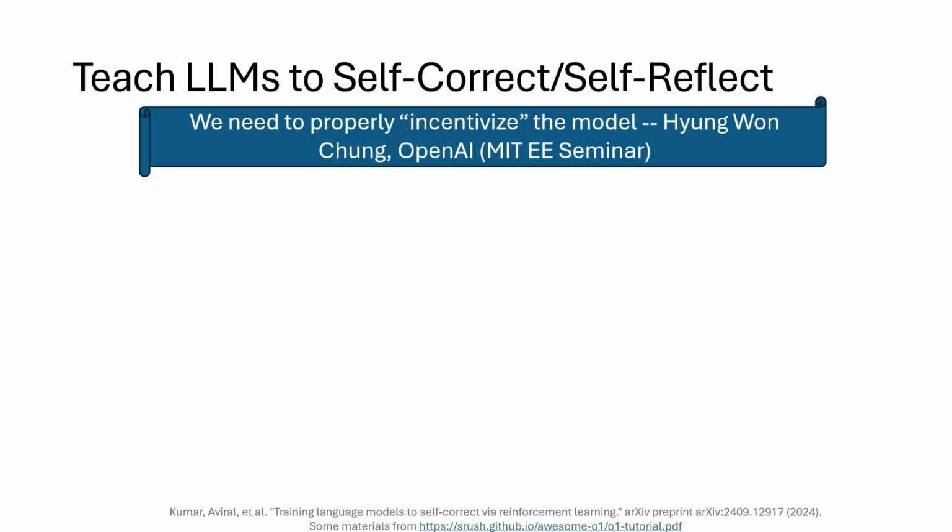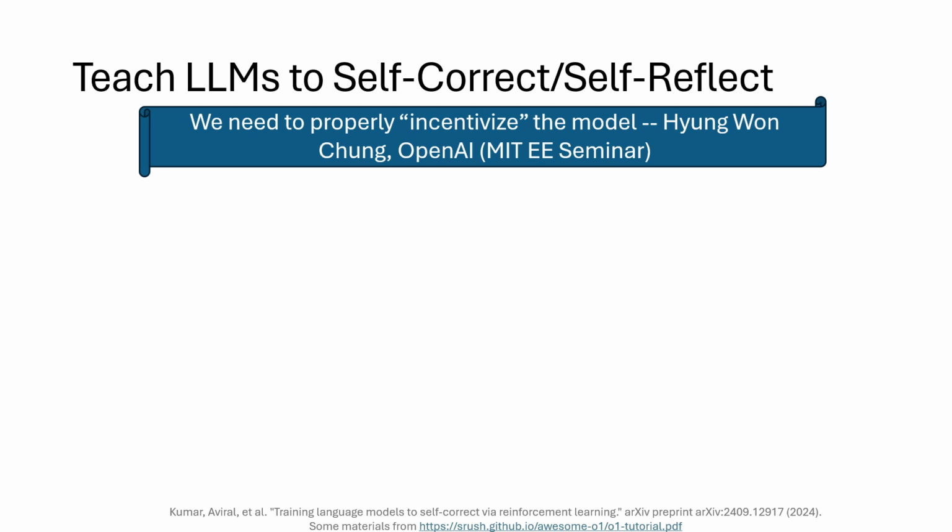My personal interpretation is that we need to properly design the reward in a reinforcement learning paradigm to train the model to exhibit algorithmic capability to solve problems. So this directly points to this Google DeepMind paper, training language models to self-correct via reinforcement learning. I put this one as the footnote of this slide.